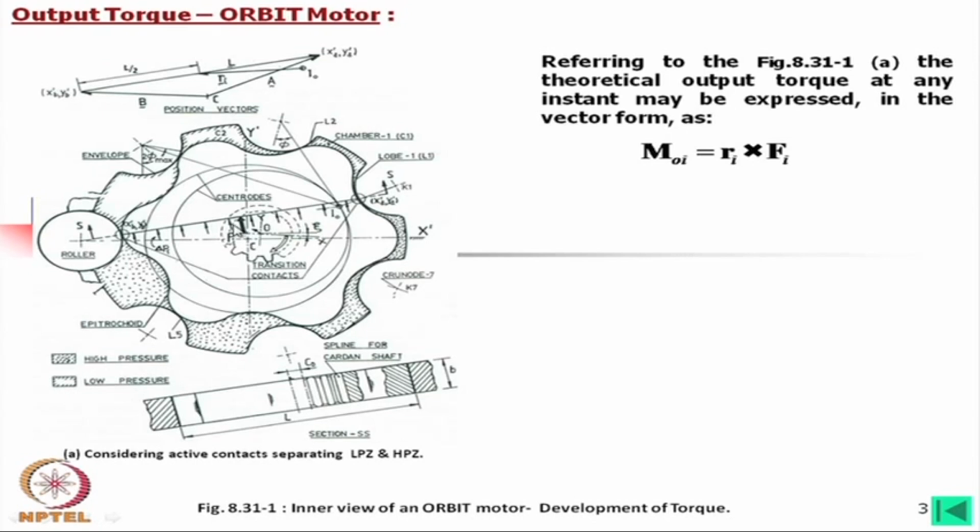Now, the torque must be equal to this equivalent force F_i into the distance R_i, which is from the instantaneous center of rotation. Here one may be confused that we are considering the torque about the star. Why are we considering such a distance?